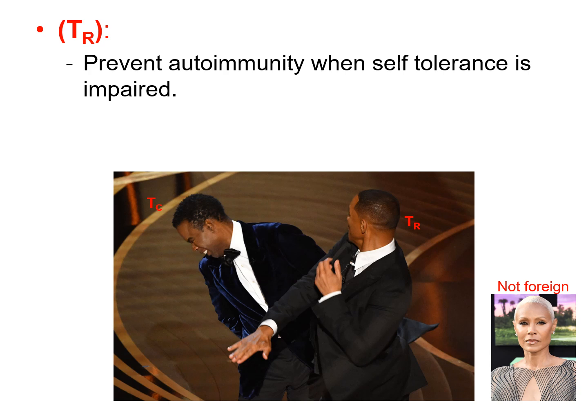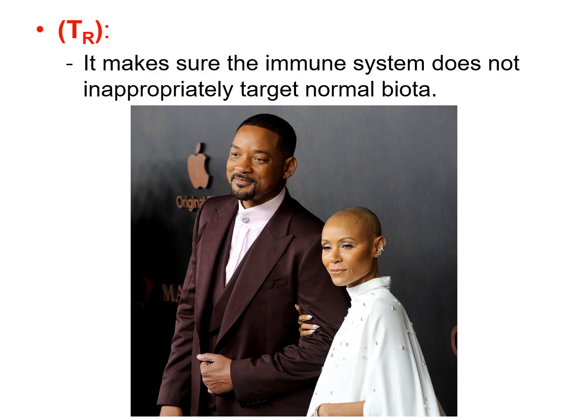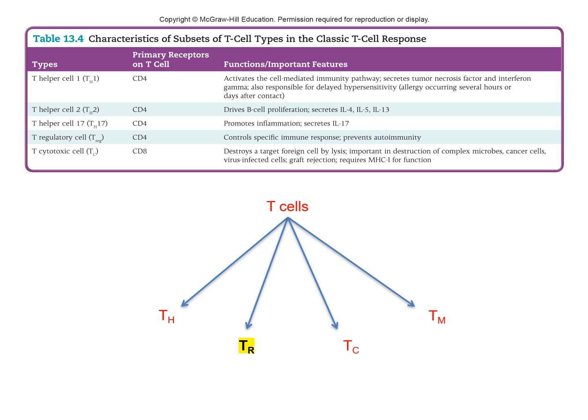But that regulatory is there to slap it, to say, no, you are not allowed to release those barrels to destroy that cell. It is not foreign. So the regulatory is needed to suppress that response. It makes sure the immune system does not inappropriately target the normal biota. That concludes the regulatory.